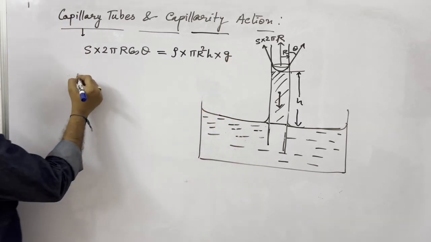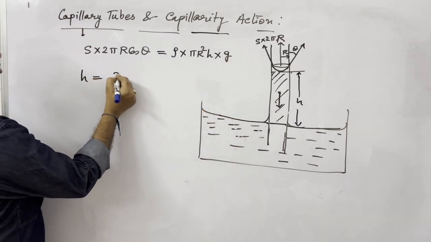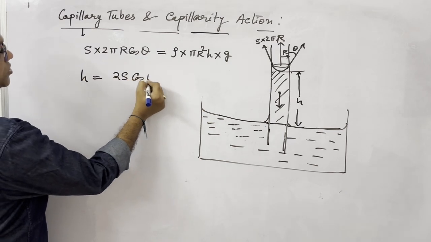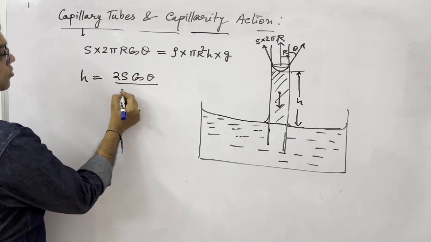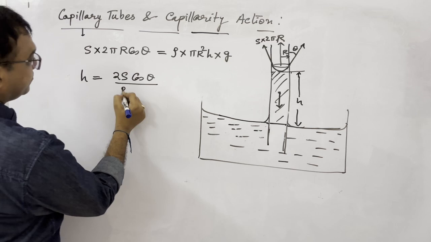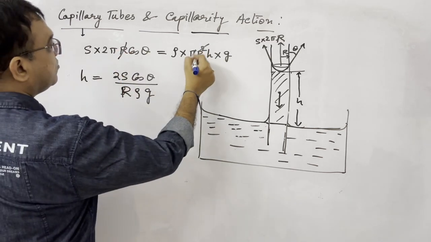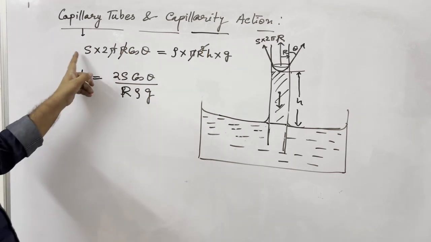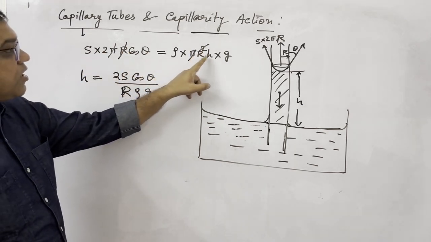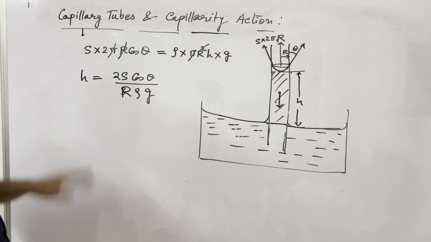So here we got h equal to 2s cos theta upon r rho g. One r cancels, pi cancels, 2s cos theta upon r rho g will come downside.